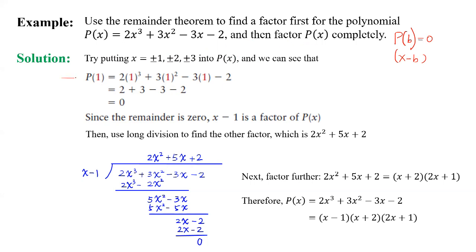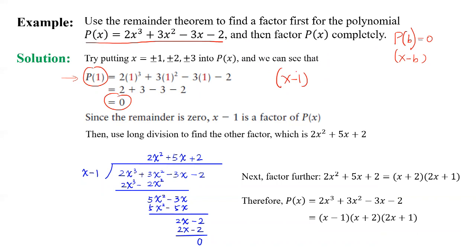So luckily this time, if we put 1 into the original polynomial p(x), we can find that p(1) is actually 0, right? So that means we found a number that can make the polynomial be 0. That means x minus 1 must be a factor of the polynomial p(x), right?